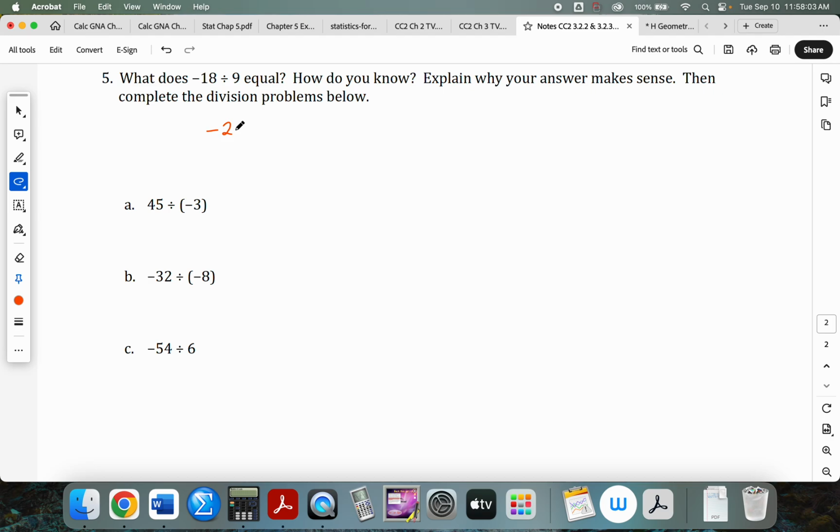Well, there's lots of ways you could explain that. But one way you could explain it is that 9 times negative 2 is negative 18. Remember, every division problem is the inverse of a multiplication problem.